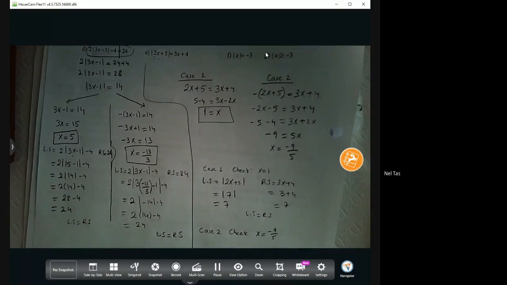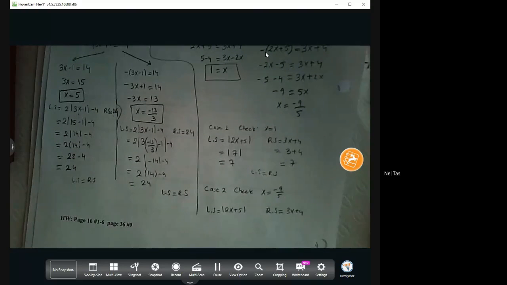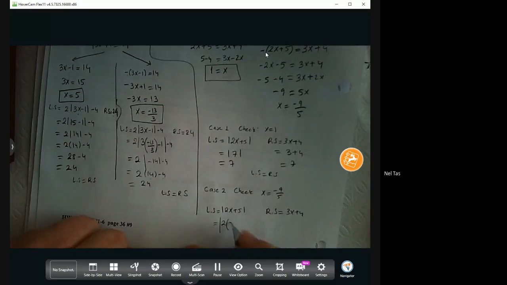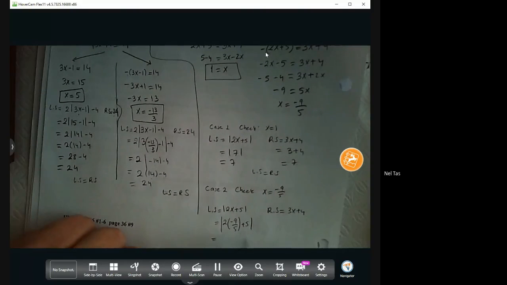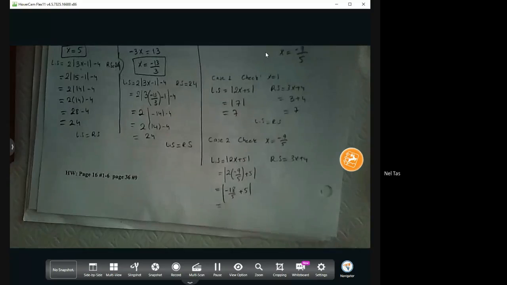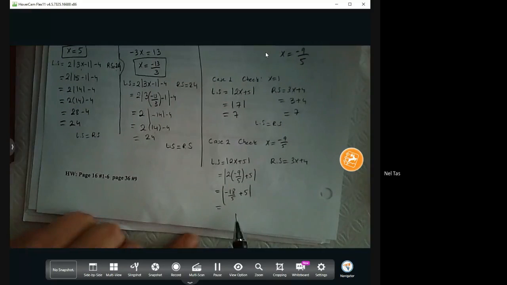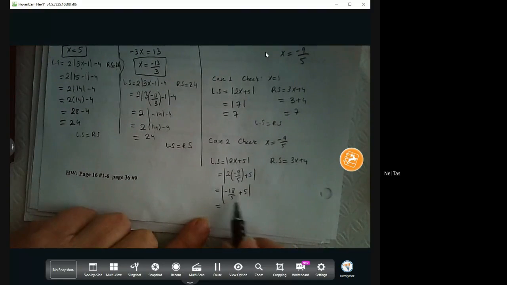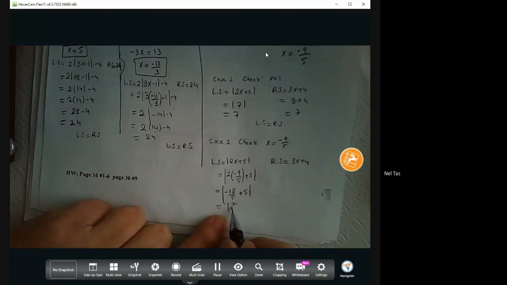So left side is absolute value of 2x plus 5. Right side is 3x plus 4. Okay, so 2 times negative 9 over 5 plus 5. Negative 18 over 5 plus 5. Have a common denominator. 5 times 5, 25. So negative 18 plus 25 is 7. So absolute value of 7 over 5, which is 7 over 5.